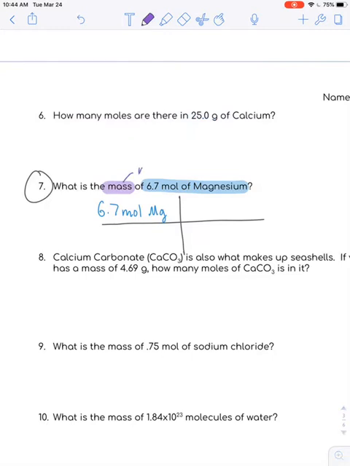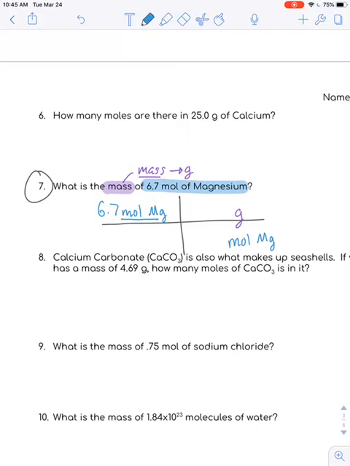So we're looking for mass, and mass is not a unit. So we have to remember that mass is measured in grams. So that means our goal unit is going to be grams of some kind. And so once again, remember that these units have to match on the bottom.